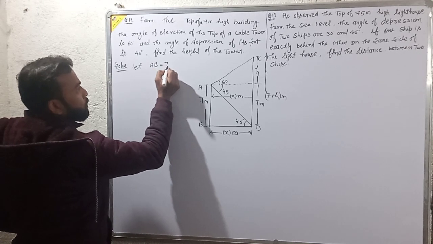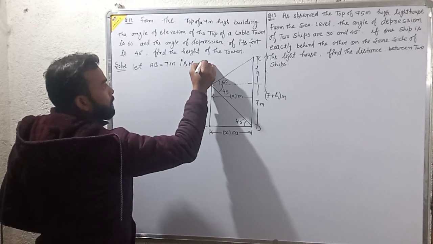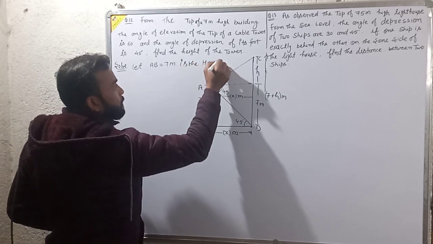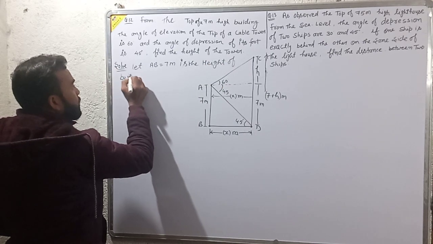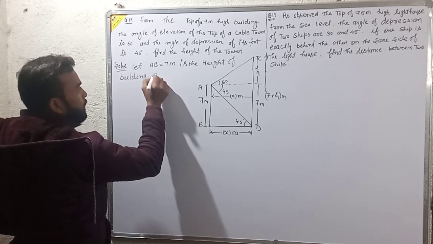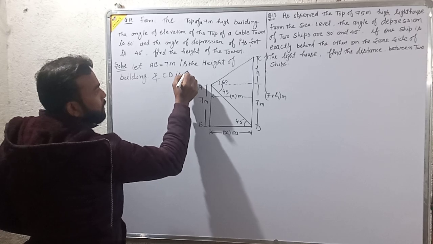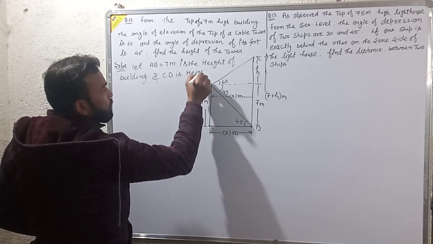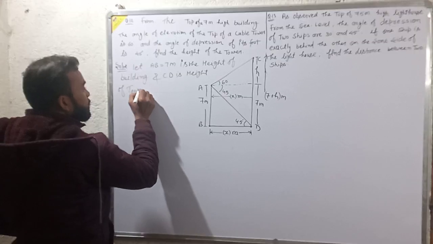Let AB equal to 7 meters be the height of the building, and CD the height of the tower.